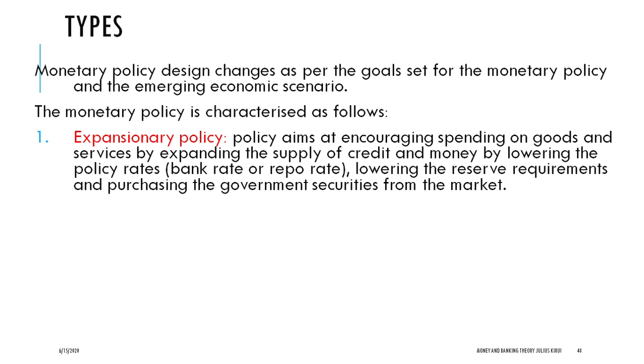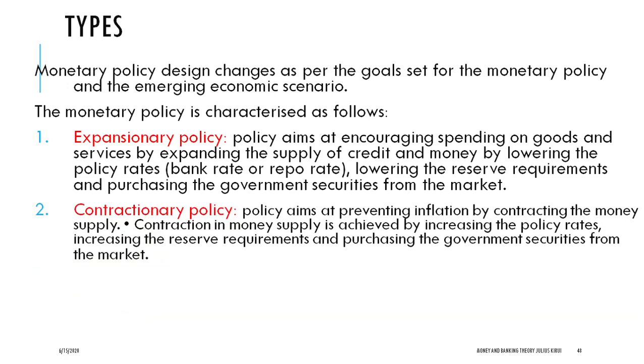Expansionary policy is very critical for an economy in the sense that more money will be pumped into an economy. And how is that possible? There is supply of credit. More money is being supplied to the market. So more money in the market means more investment, creation of jobs, a booming economy.